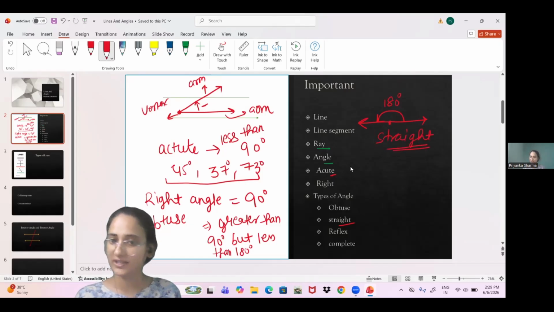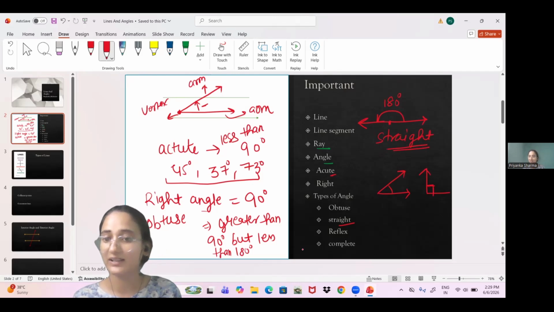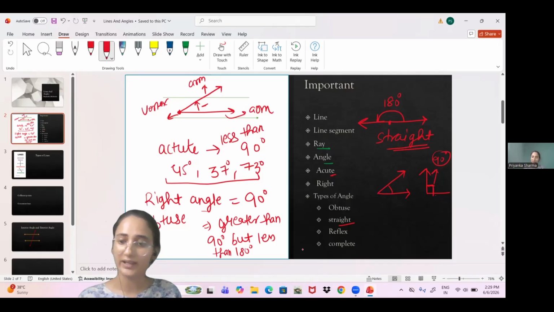If I want to give the figures for all these angles, this is the acute angle because it is less than 90 degrees, and this is the right angle, so it is a 90 degree angle. And an obtuse angle, which is greater than 90 degrees but less than 180 degrees, should be like this. It is an obtuse angle.